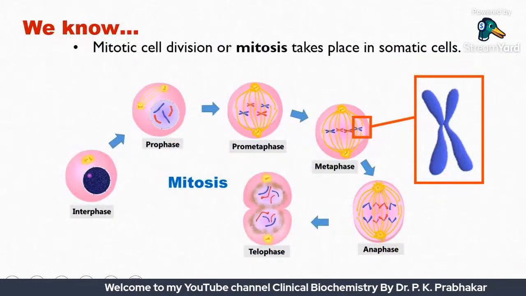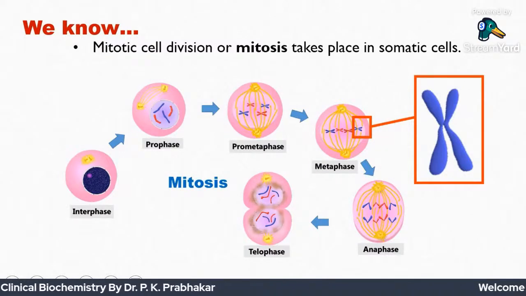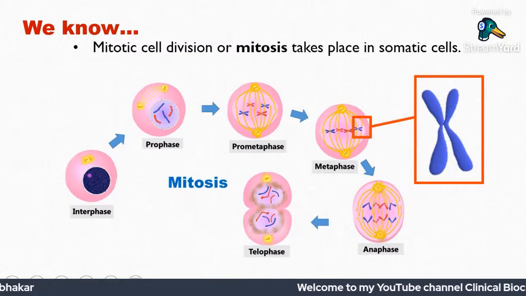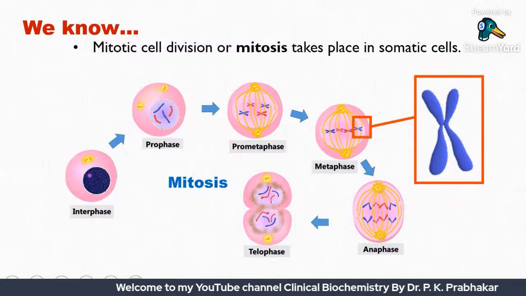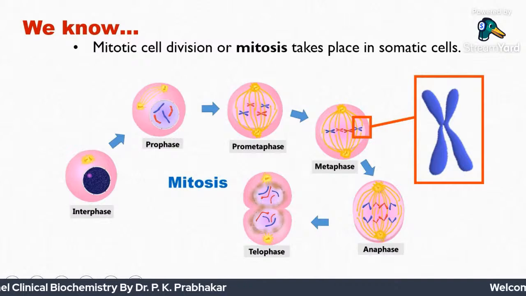Here we have a picture which shows the different cell divisions. Normally we have two types of cell division, as everyone knows, mitosis and meiosis. In this case, there are interphase, prophase, metaphase, anaphase, and telophase.